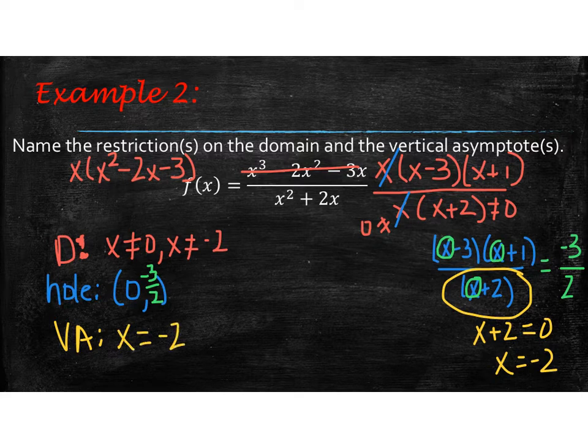So you can see that x cannot equal -2 because that's going to be the vertical asymptote. But it also can't equal 0 because at x equals 0, there's going to be a hole there. Okay, so what that means is there's just not a point. There's a legitimate hole, like an open circle that's not filled in.